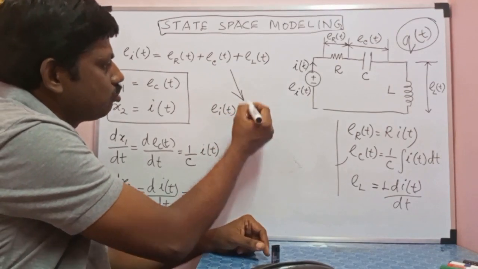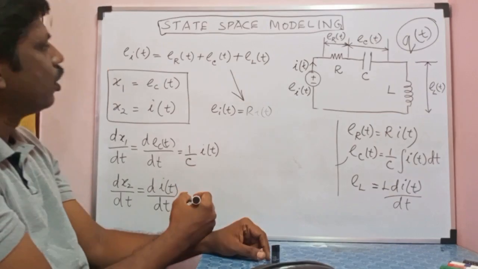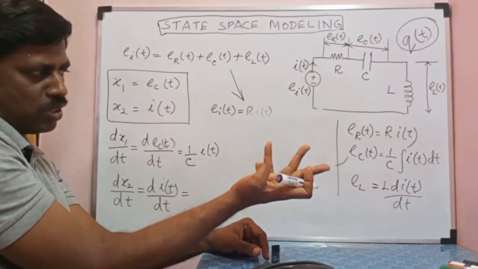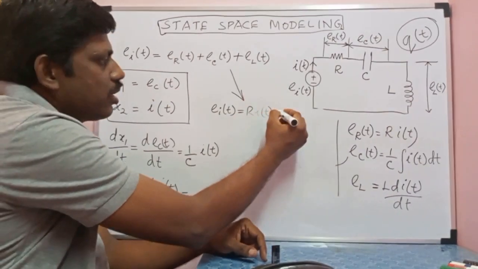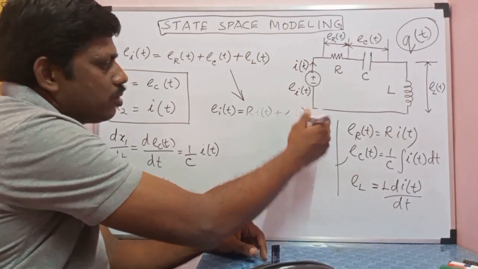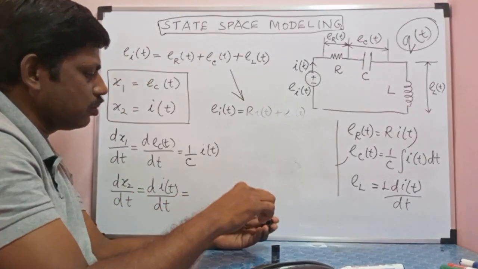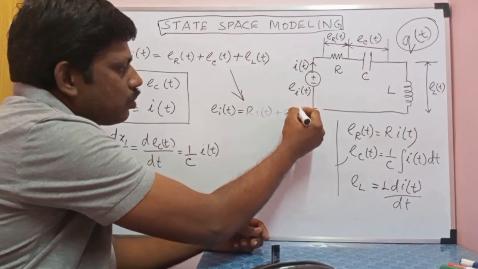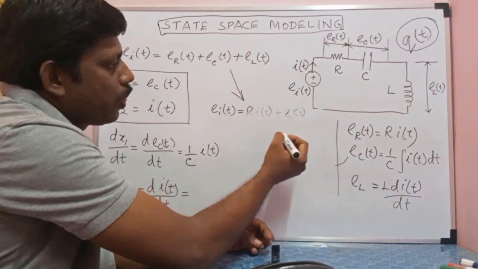E_C of t, should I replace it with any of these expressions? Not necessary, because E_C of t itself is a state variable, so I can just write it as it is.